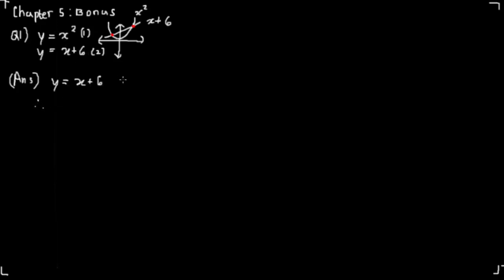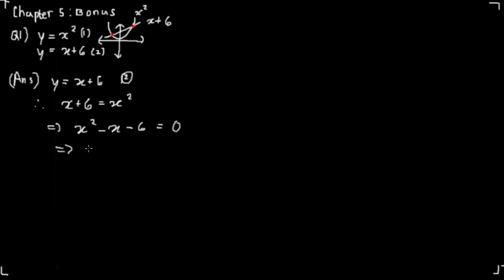So from here you can combine both equation 1 and 2. So x plus 6 is equal to x squared, right? That means you can move all of this to one side, so it'll be x squared minus x minus 6 is equal to 0, right?